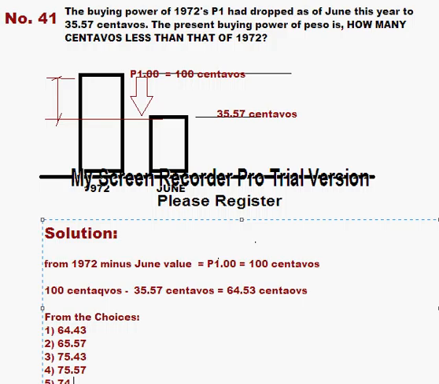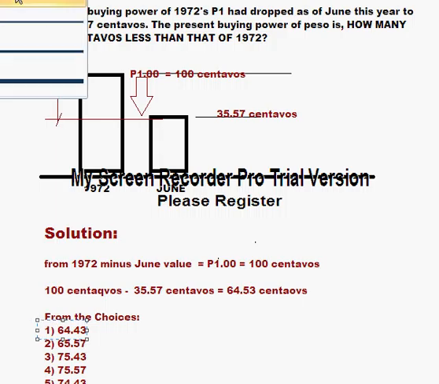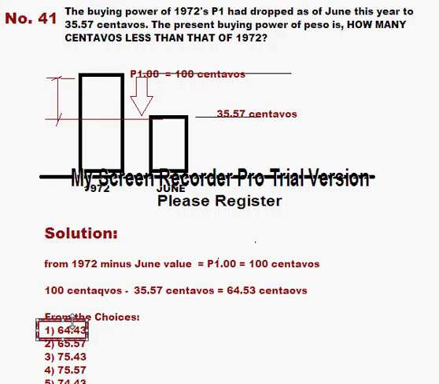So our choices for this matter are these.